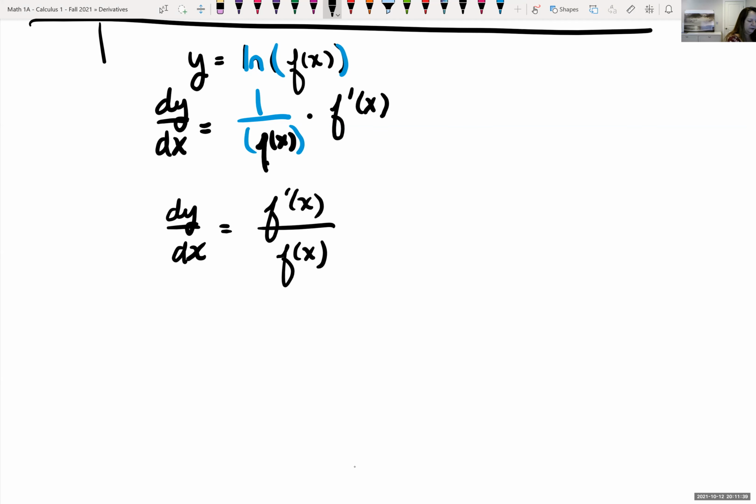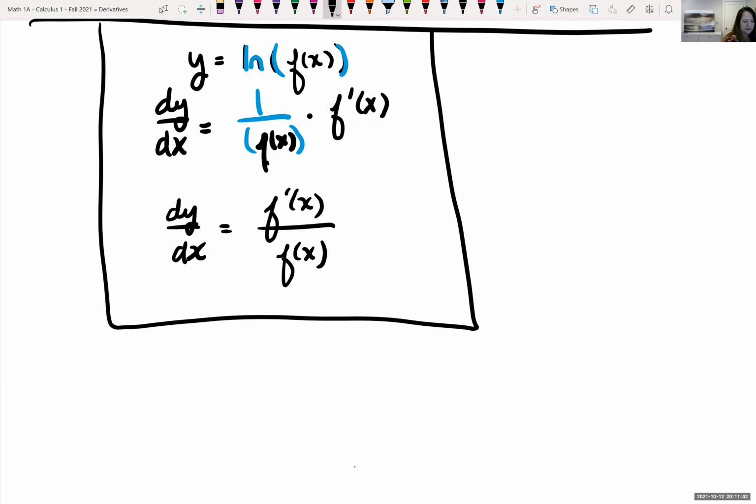Okay, so here's another derivative rule for logs. Our stipulations still have to hold true: what we were taking the natural log of has to be greater than 0, because the natural log of a negative number is undefined. So x has to be greater than 0.